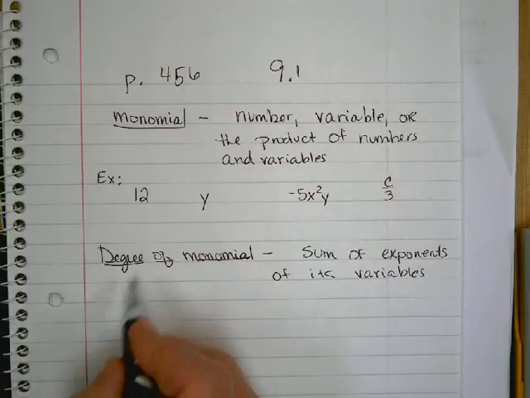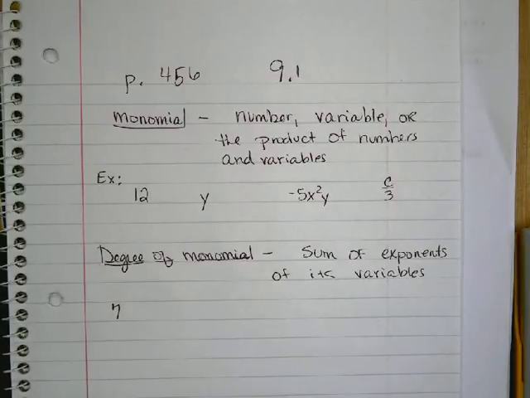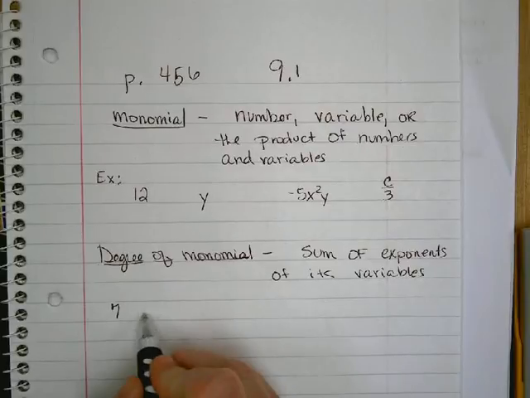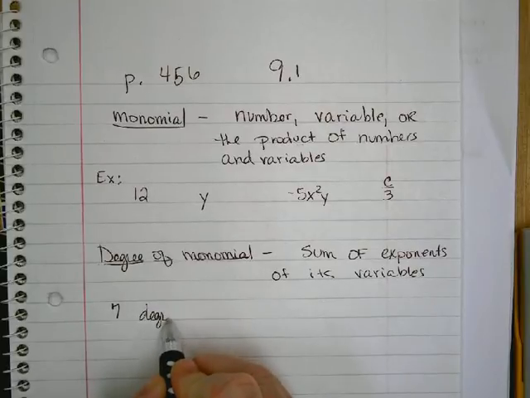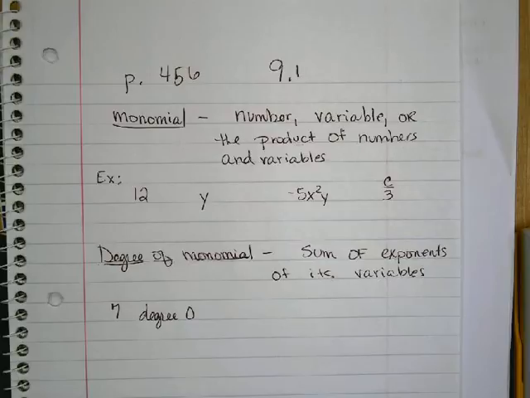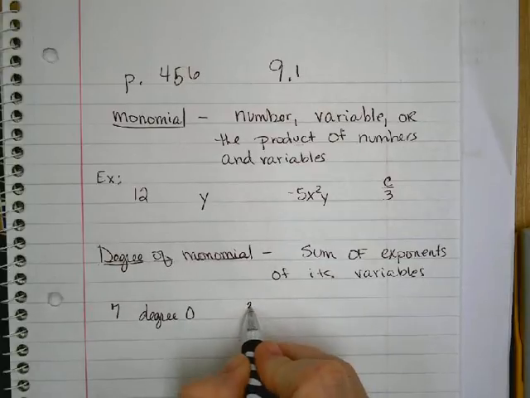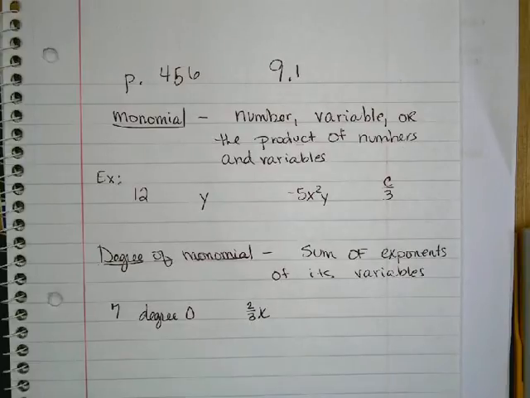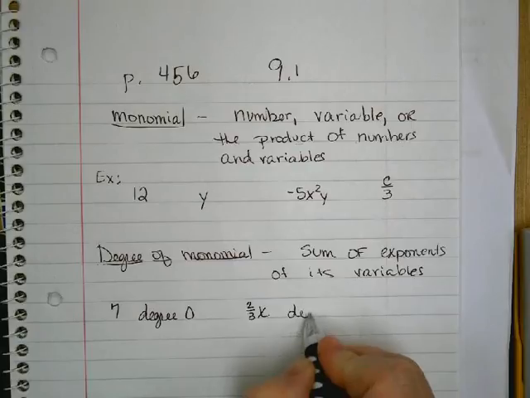What if the number is 7 and it doesn't have a variable? It is degree 0. What about 2/3 x? What's the exponent in this one? The exponent that's on the variable is what? 1. So it is degree 1.